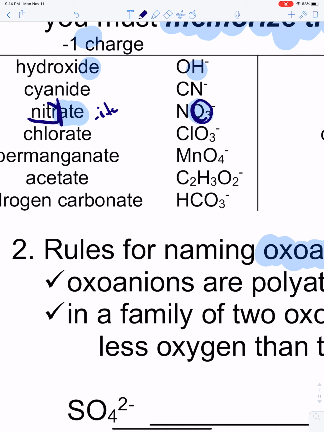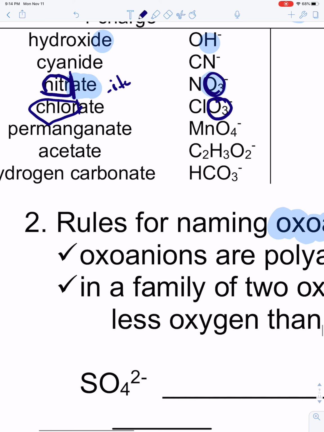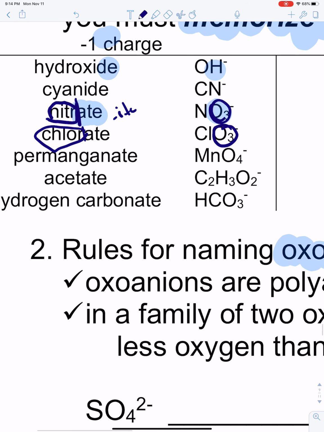Since the other atom in this polyatomic ion is nitrogen, this would be called nitrate. This is chlorate, which has oxygen and chlorine. And permanganate has oxygen and manganese.